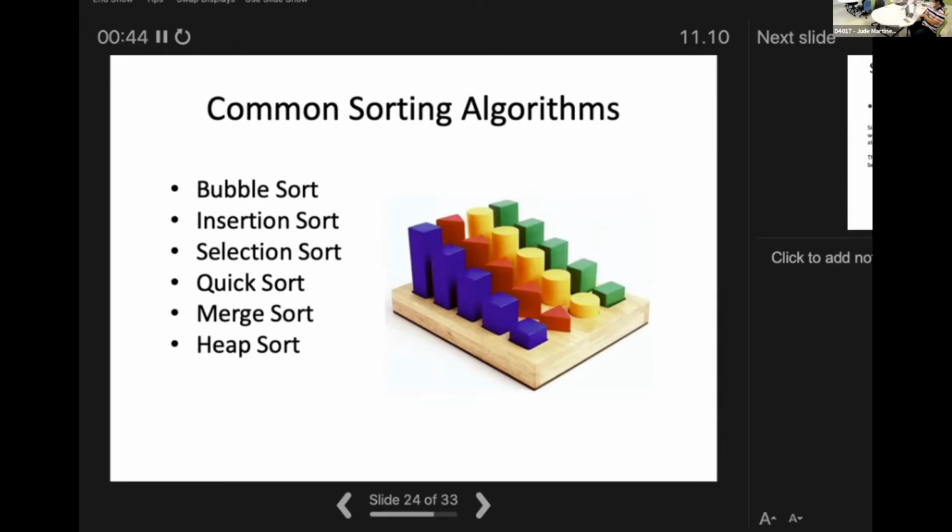But, oh yeah, I'm opening a different slide. This doesn't show which groups worked on which. However, you do know which group you belong to and which sorting algorithm you worked on, right? Okay, so we start off with insertion sort.